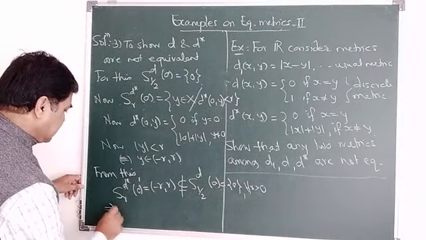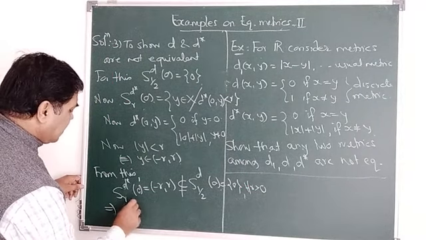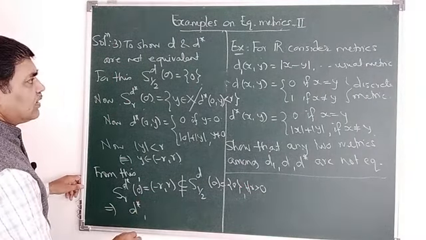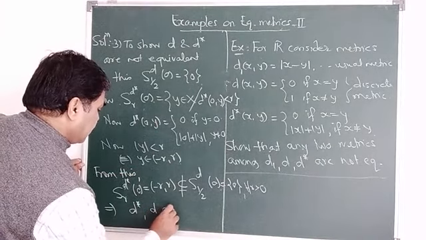This implies D star and D are not equivalent matrix.